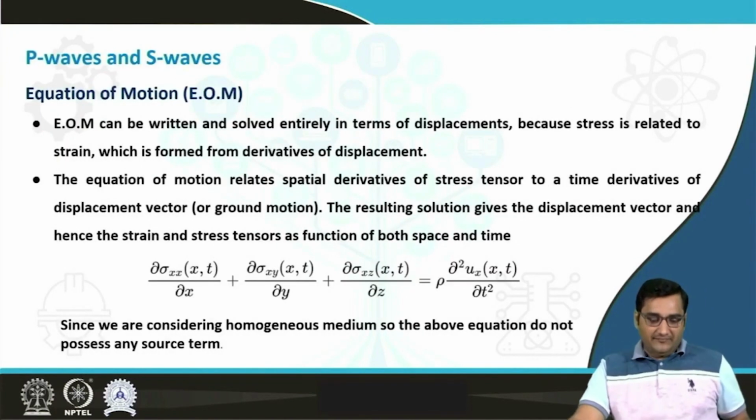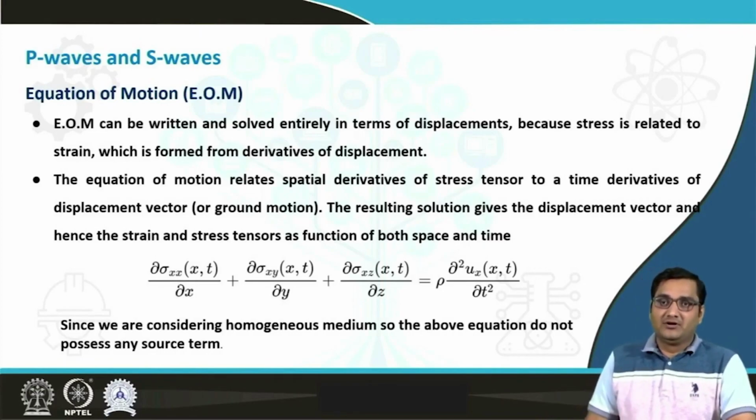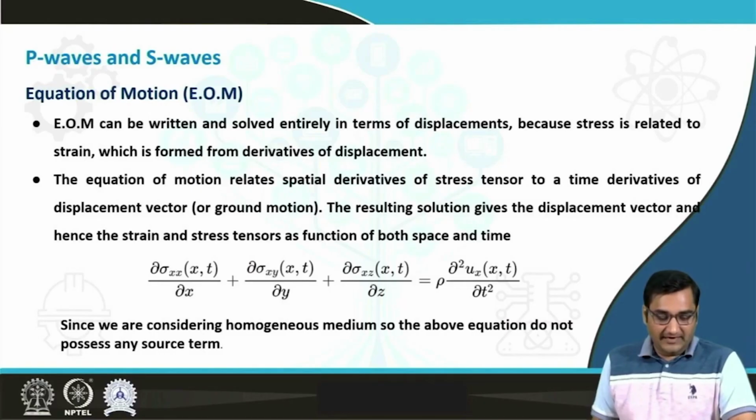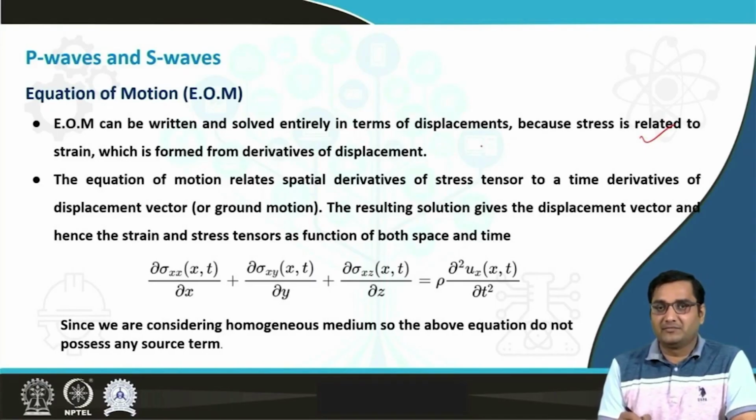Now, we will use this equation of motion to derive the differential equations for P and S waves. What we have seen here is that the equation of motion can be written and solved entirely in terms of displacement, because stress is related to strain, which is formed from the derivative of the displacement.